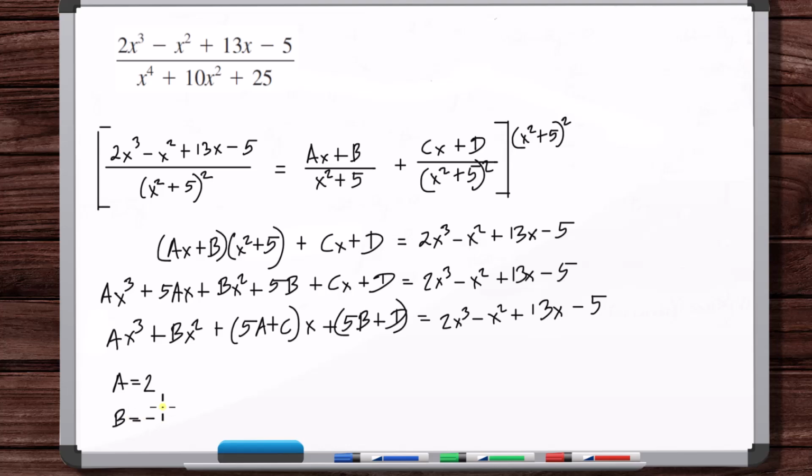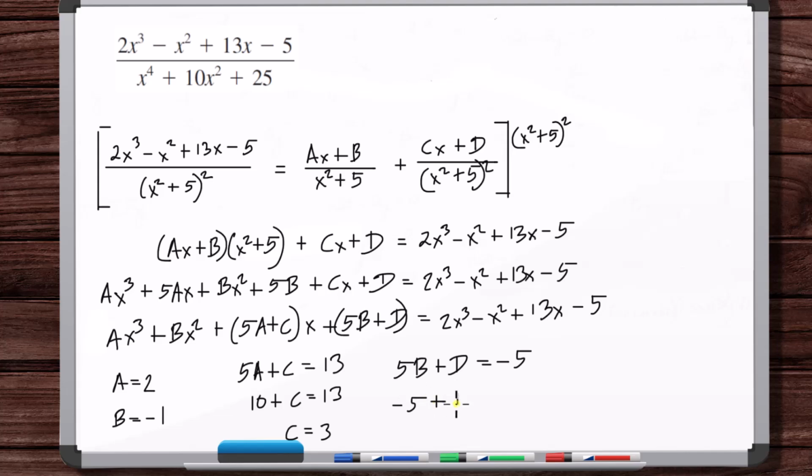All right, so we can see that a is equal to 2, b is equal to minus 1, okay, and then 5a plus c is equal to 13, a is equal to 2, 10 plus c is equal to 13, c is equal to 3. Now we've got 5b plus d is equal to minus 5, minus 5 plus d is equal to minus 5, so d is equal to 0.